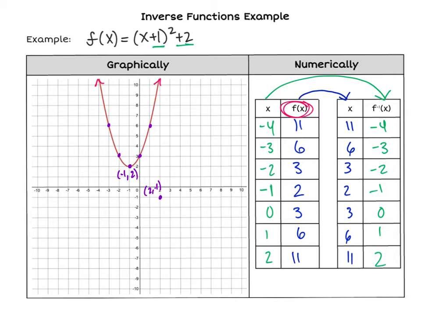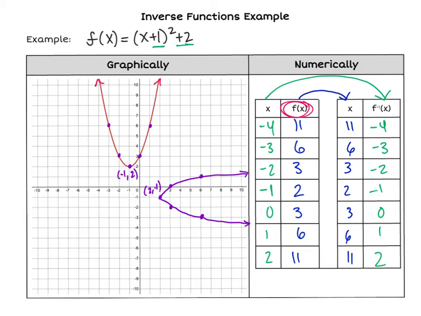So I would have 3, 0, and 1, 6, 1 from the 1, 6. And then from -2, 3, I would have 3, -2, and I would also have the point 6, -3. Connect these dots, and this would give me my inverse function.